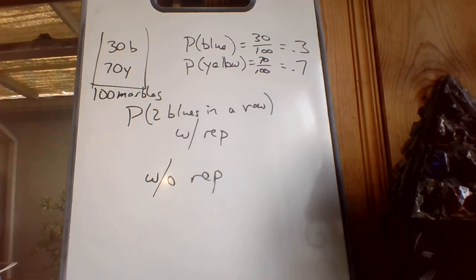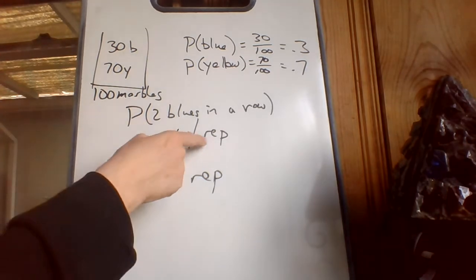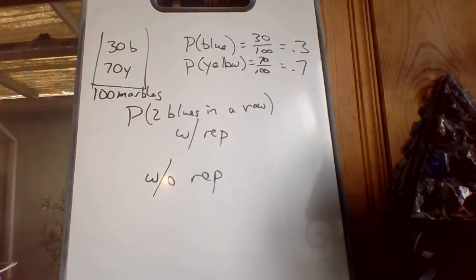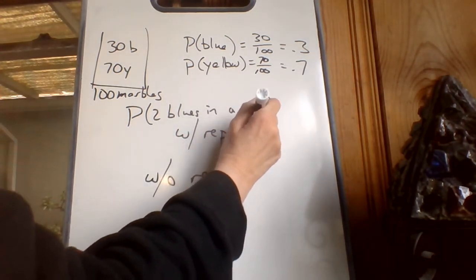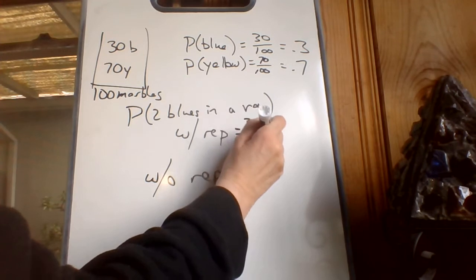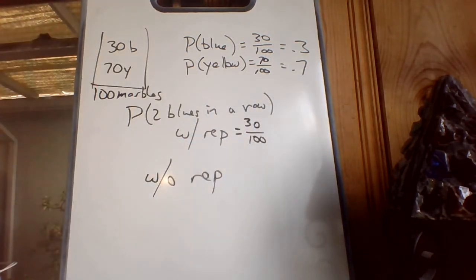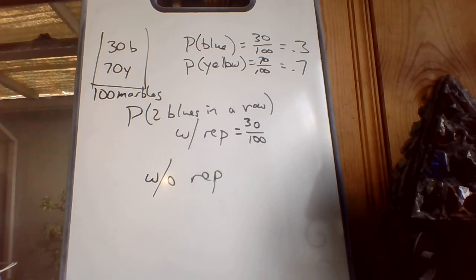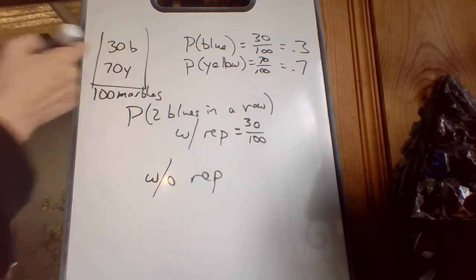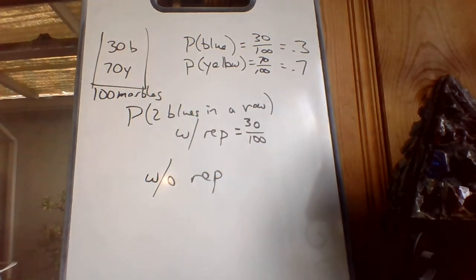Because if I drop it back into the bucket, that's called with replacement, because I've replaced it into the bucket. Okay, if I dropped it back into the bucket, I got a 30 out of 100 on the first one. And then it's back in the bucket, so the bucket looks exactly like it did before I started. Because now there's still 30 blue ones in there. I dropped that blue one right back in there.